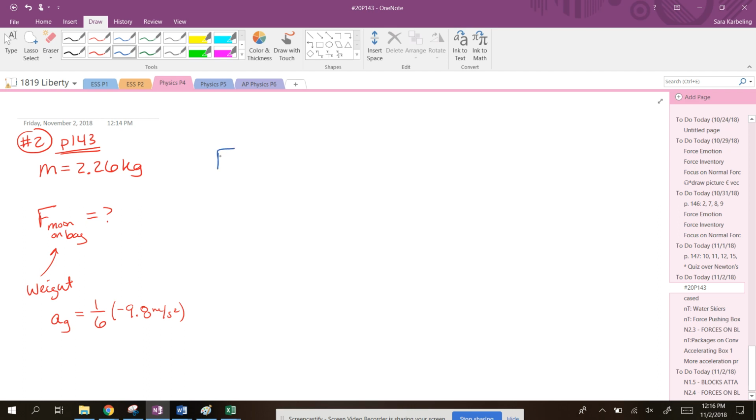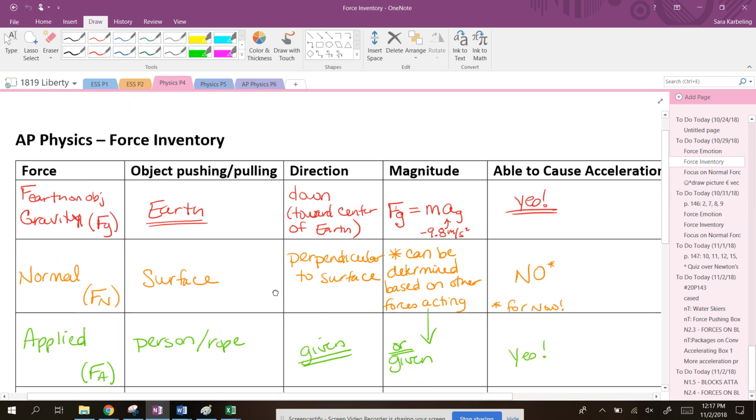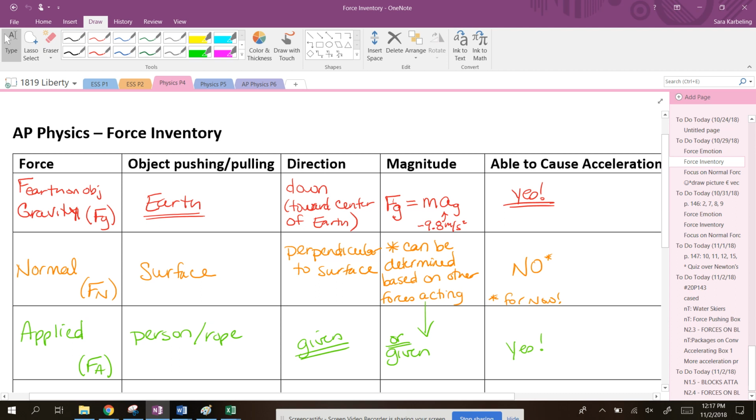Okay. So the force of the moon on the bag of sugar. I'm going to go back to my little notes here in my force inventory. I'm going to take the mass times the acceleration. In this case, the acceleration is not 9.8. It's 1/6 of 9.8.